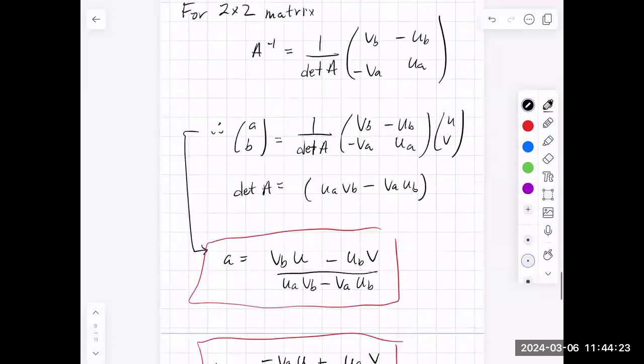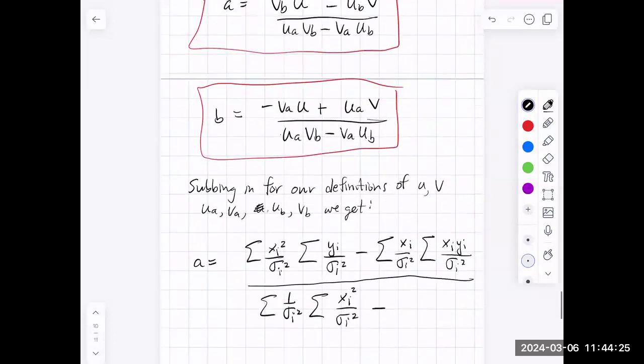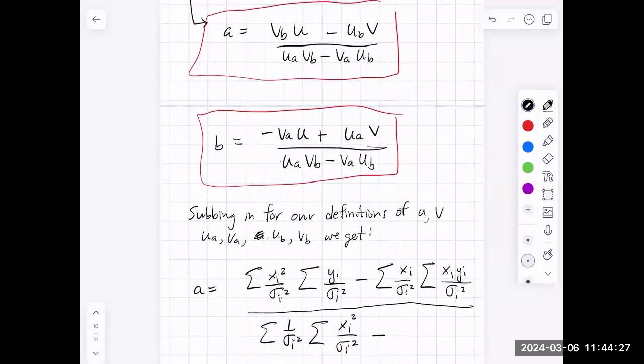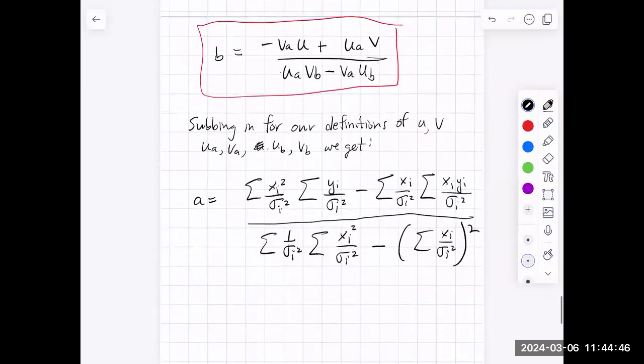So in this determinant, when you have a VAUB, this is the product of the same two sums. And we could write that as the sum of xi over sigma i squared, all squared.